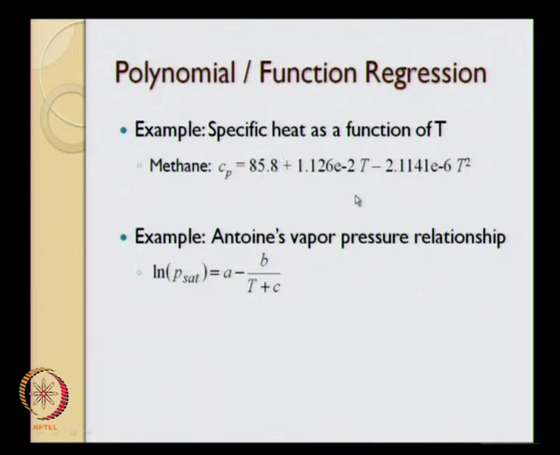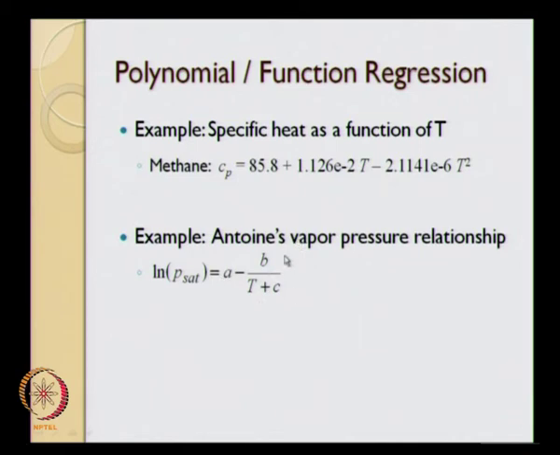So what we have here is that we are trying to fit a functional form to the data Cp versus T, and as we will show later in this module, this is an example of linear regression.